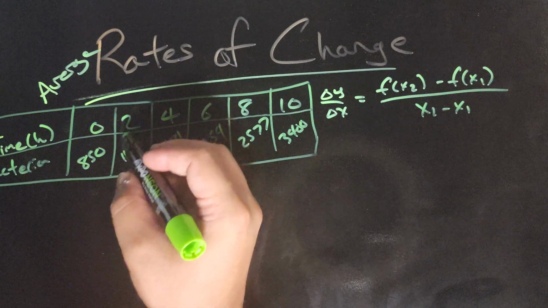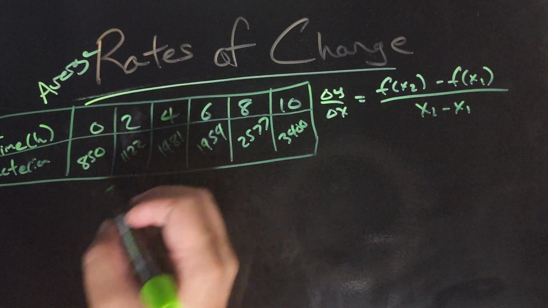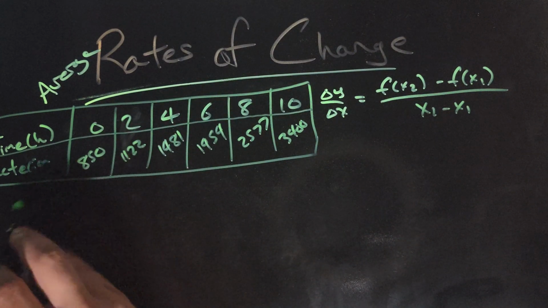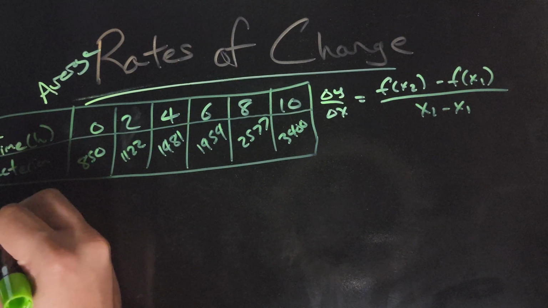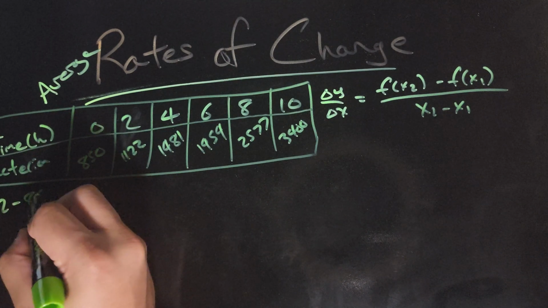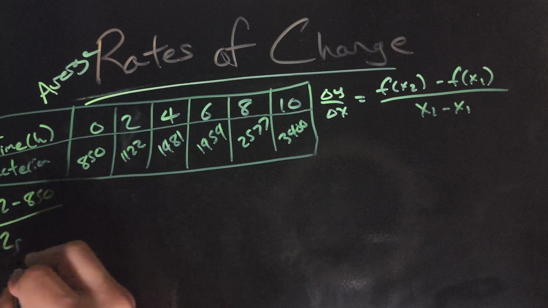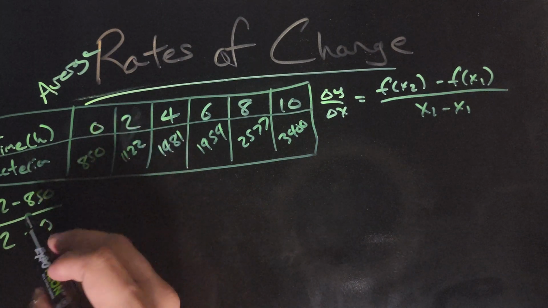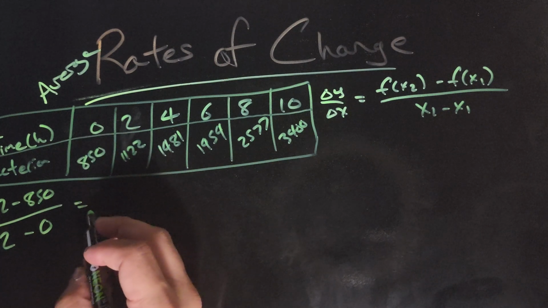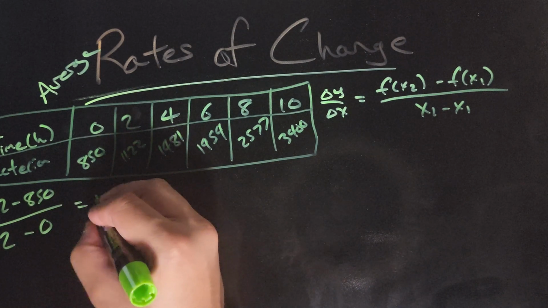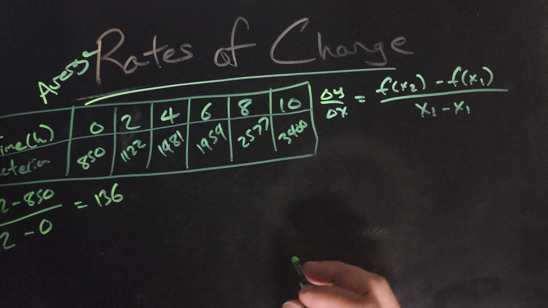So the difference in the bacteria is going to be 1122 minus 850, and the difference in time is going to be 2 hours minus 0 hours, and that'll give us 136.